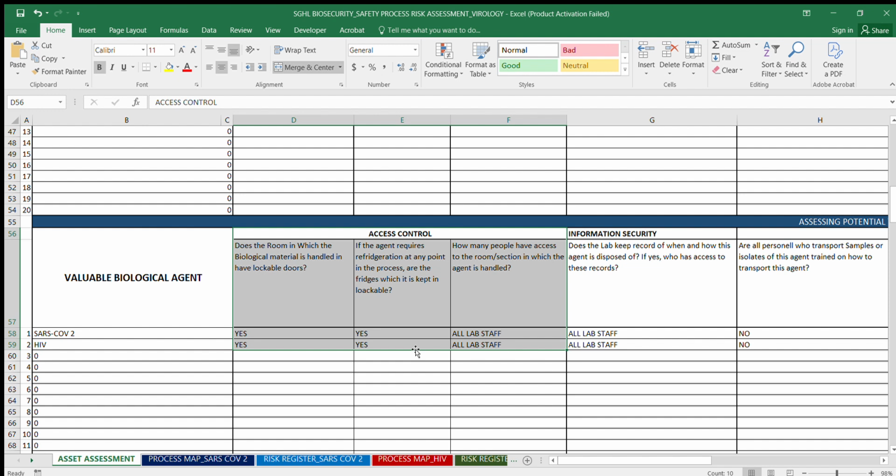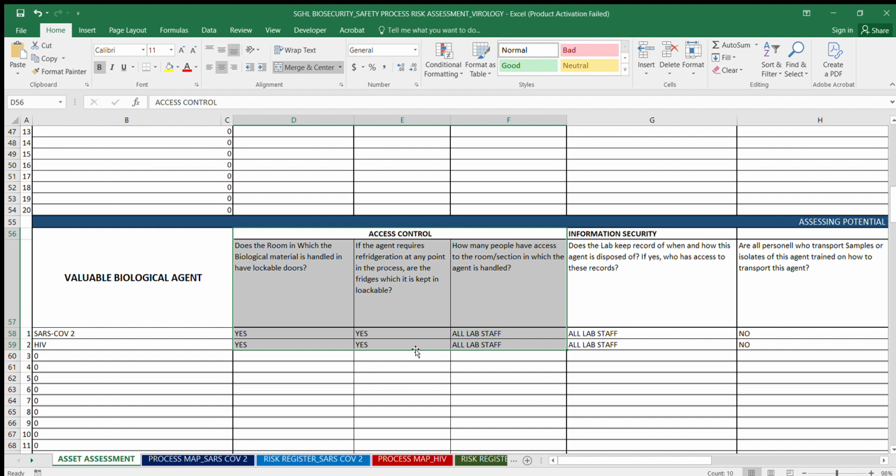And the more people have access, the more insider threat you have, because maybe one of the insiders may take these items and you will not actually realize that something is missing, because maybe 20 people have access to your asset.